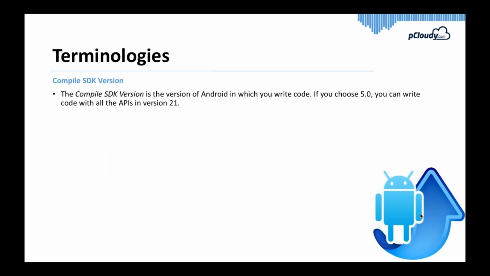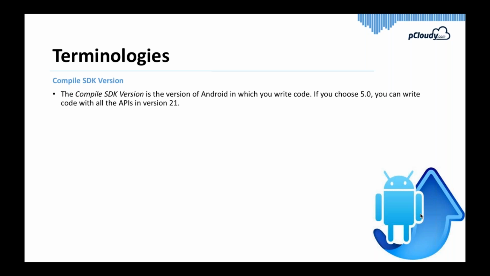The other key terminology to understand is the SDK versions. So there are three different terms here. The first is the compiled SDK version, which you can ask from your developer. If you're a developer, you would know, but if you're part of the testing team, you can ask your developer what is the compiled SDK version for the app.